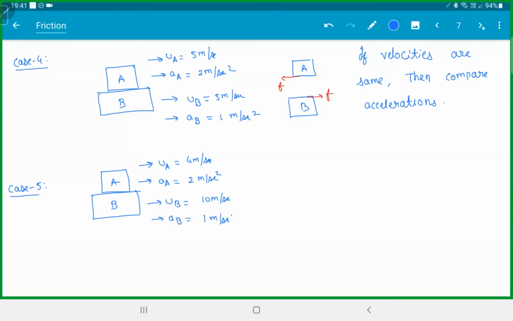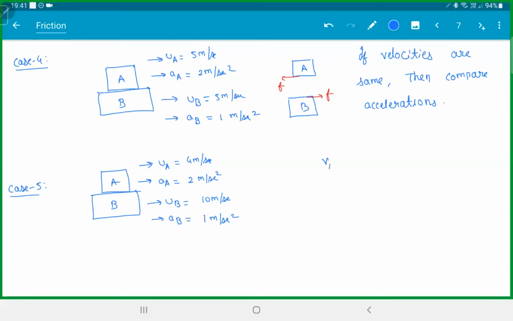This is a good one. Now, case 5. There's a slight problem in case 5.